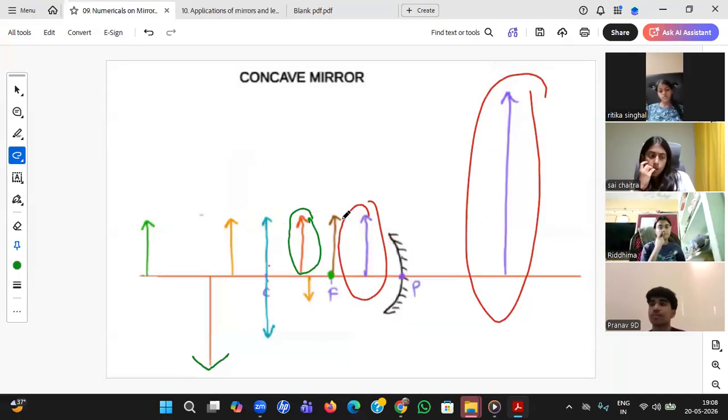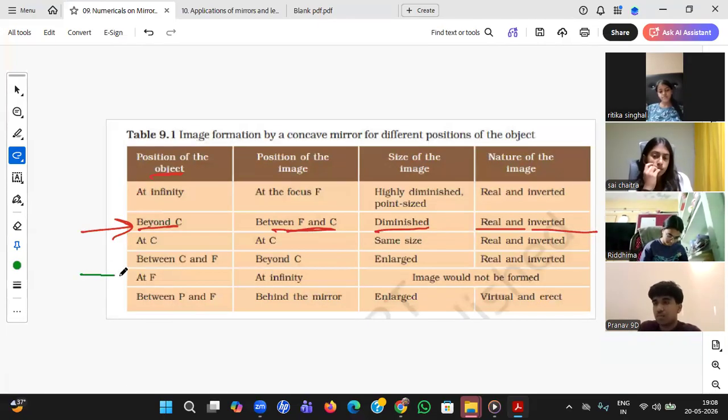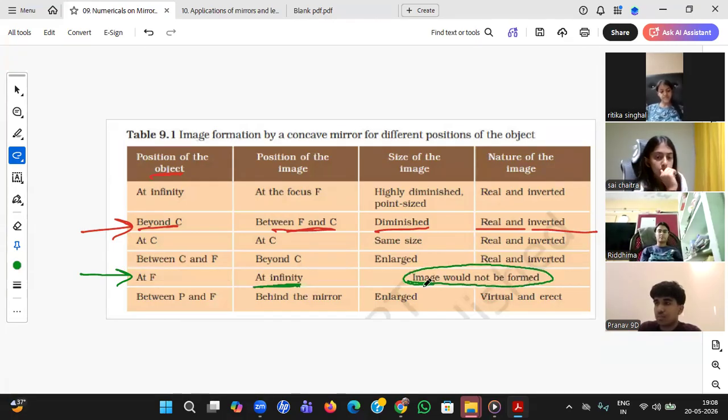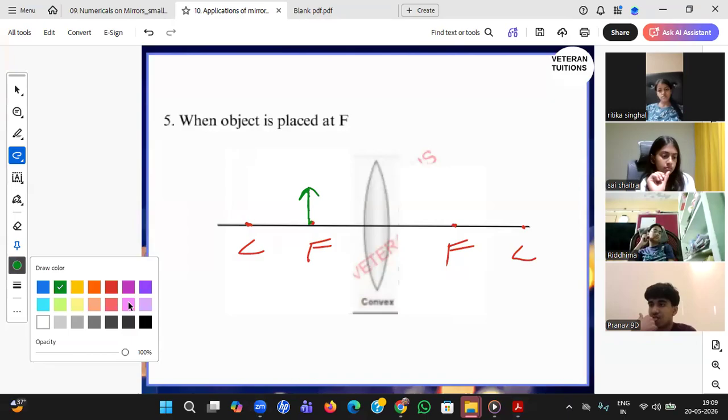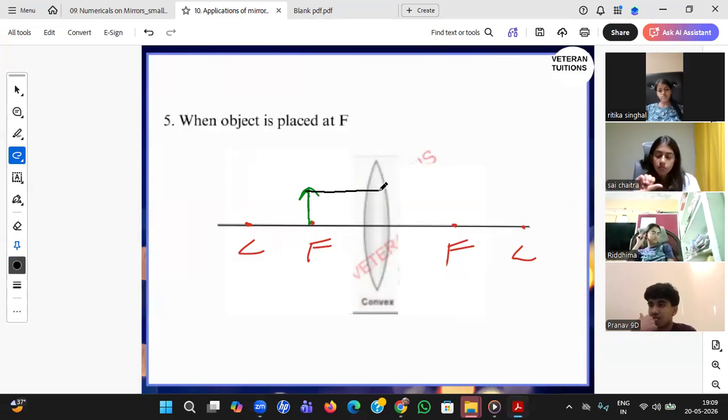Okay, you can see this brown color doesn't have any image. He said the image is forming at infinity, but he is giving a clear indication that the image would not be formed, as in the concave mirror. As this convex lens is exactly like a concave mirror, you need to ensure the image will not be formed. How will you ensure? Take one particular ray. Obviously, the parallel ray is the best ray.